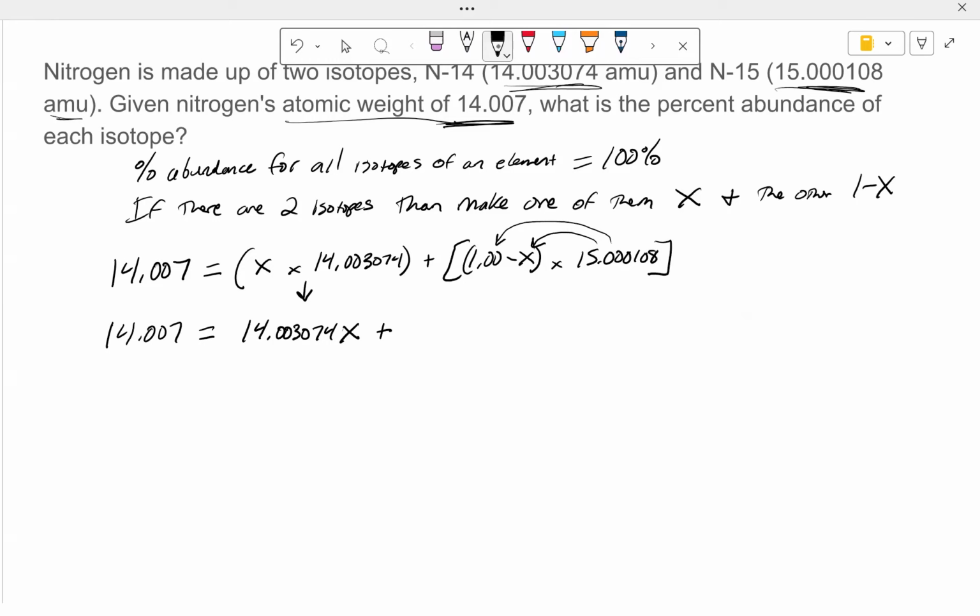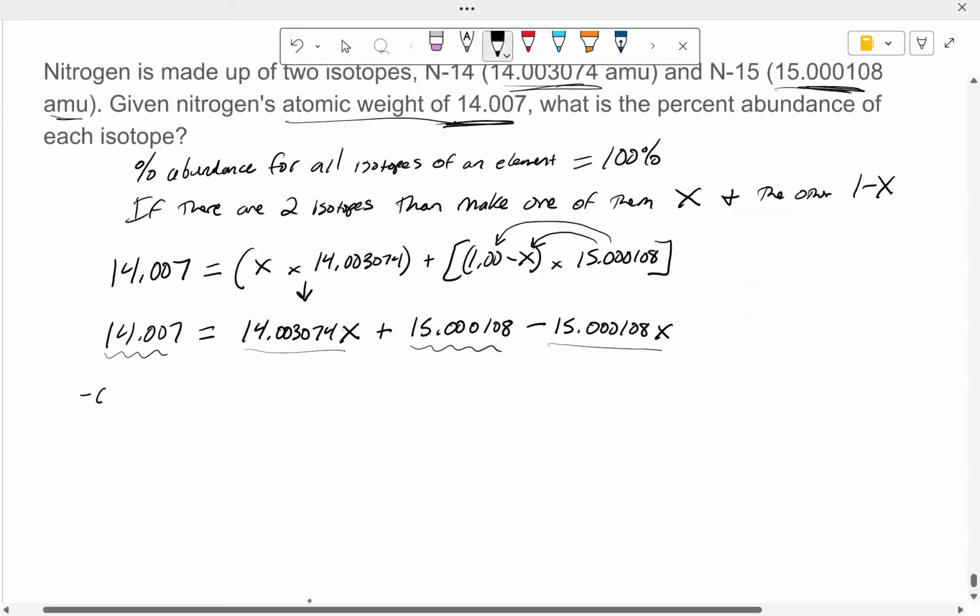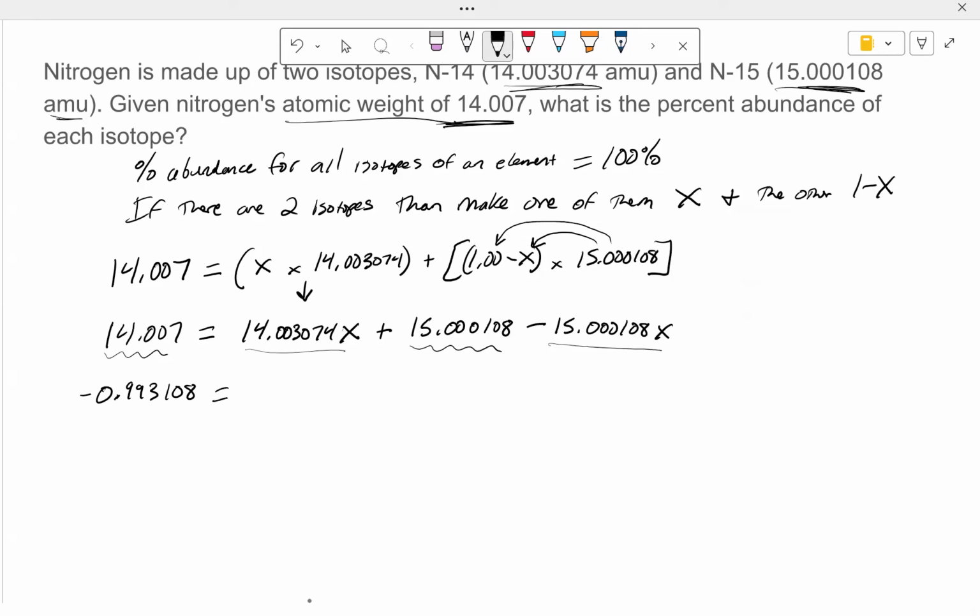So you have plus 15.000108 minus 15.000108x. And now in terms of algebra, I'm going to put all the numbers on one side, and all the x's on the other side. Doesn't matter which side is which, you're going to come out to the same answer. So I'm going to put all the numbers over here, 0.993108. I'm going to put the x's over here.